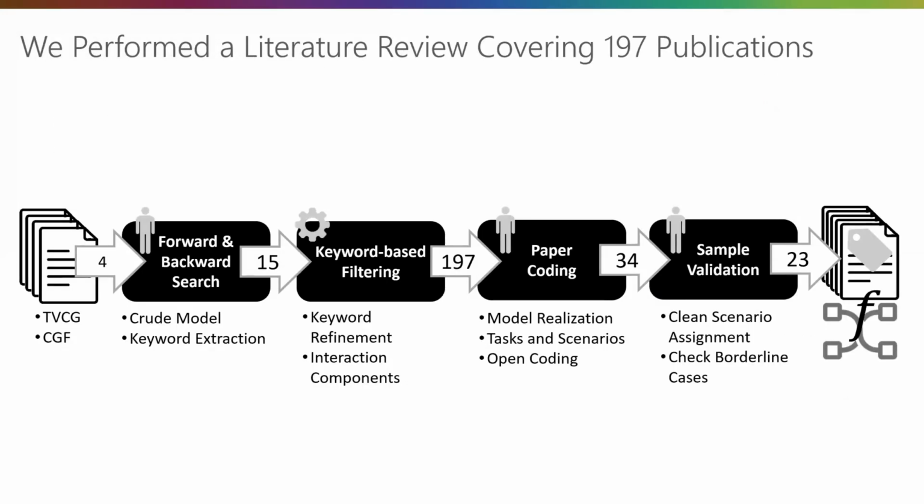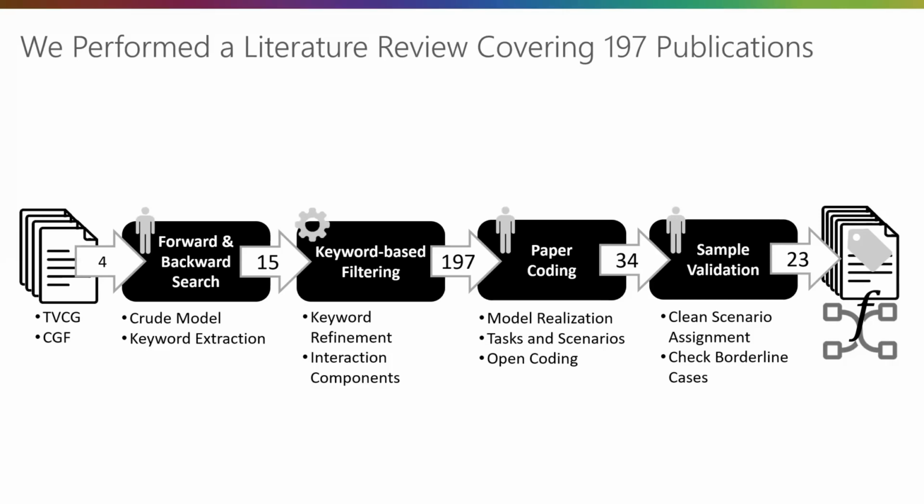For the area of dual analysis and for our framework, we performed a literature review covering 197 publications. In the beginning, we started with 4 landmark papers, we call them. In the next step, we wanted to check if there's more out there, and we followed basically the citations of these publications forward and backward, which allowed us to get an idea of what dual analysis could be in a formal and model-like sense.